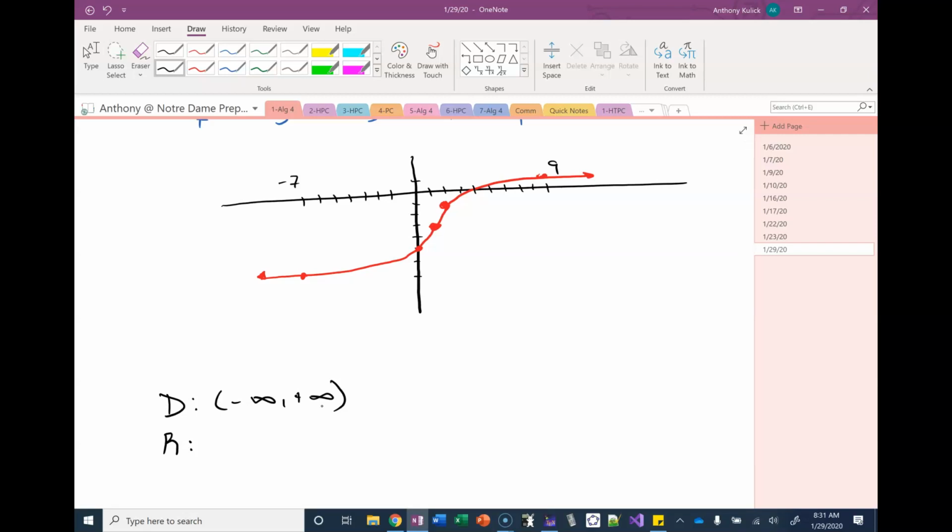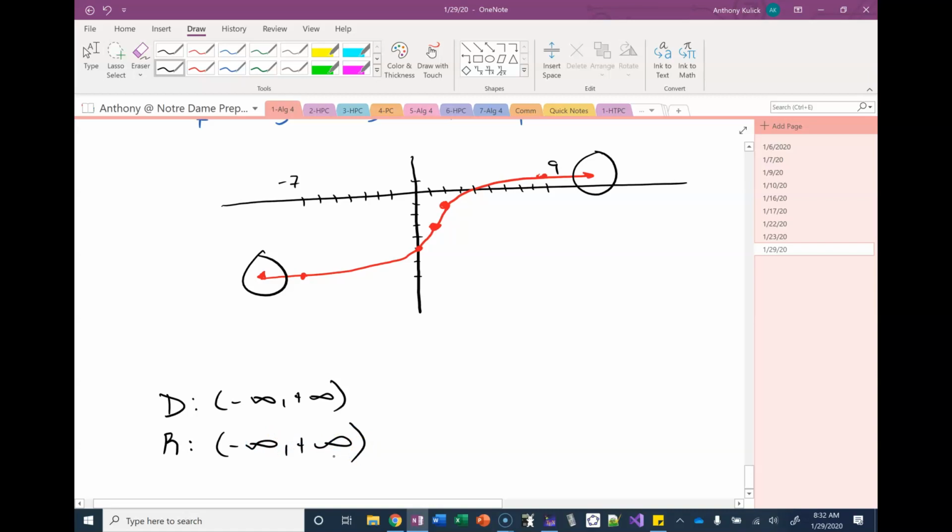Now let's talk about the range. Do I have an arrow pointing down? This arrow's angling down. Doesn't look like it because I drew a bad picture. Do I have an arrow pointing up? Yep. And is it connected in between? So what's that tell me about the range? Same thing also.